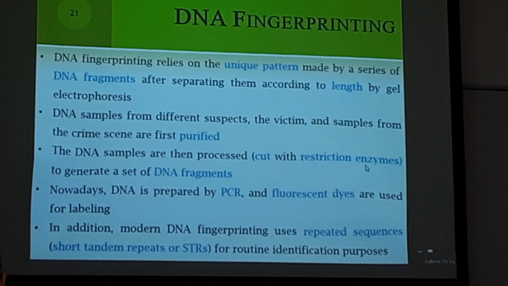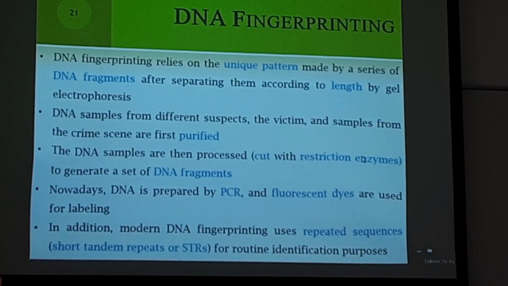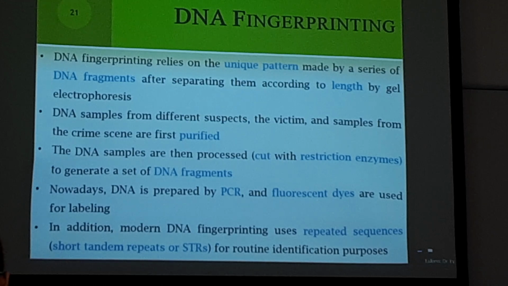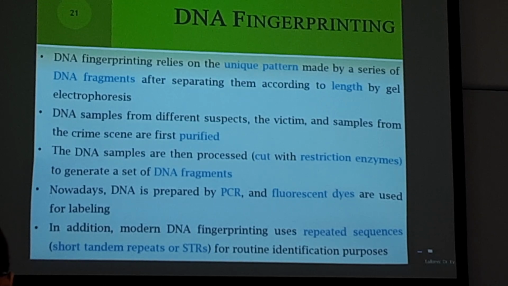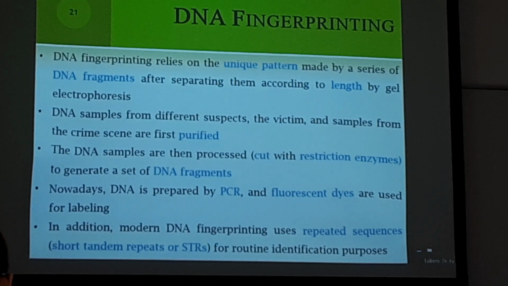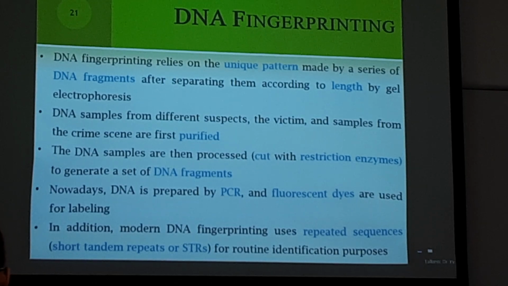You use restriction enzyme, you cut them up so that they become different fragments. But of course, first you have to extract the DNA, purify the DNA, amplify the DNA, and then you start with restriction enzyme. You have to make sure you have enough DNA to work with first. After PCR you have enough DNA, you do the restriction enzyme digestion to cut them up.